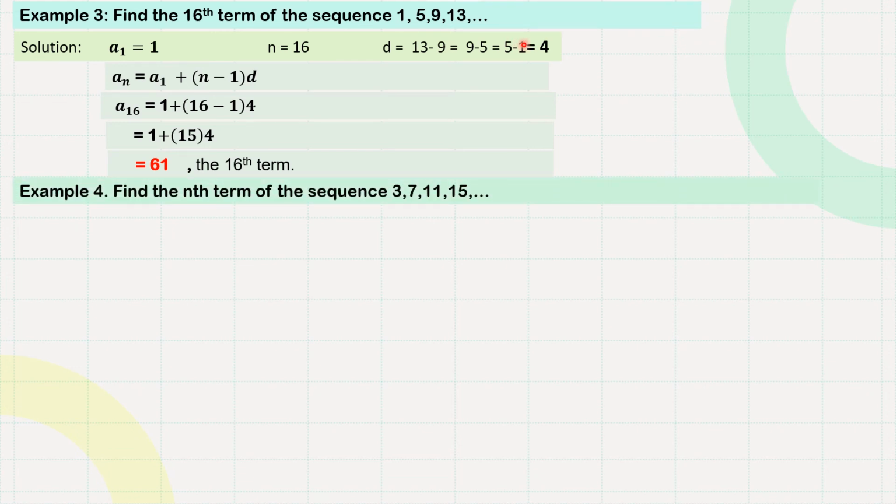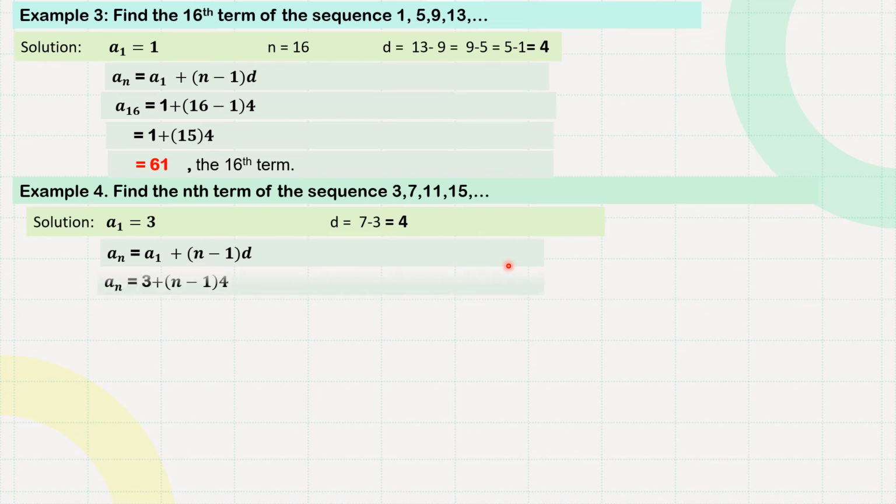Next, find the nth term of the sequence 3, 7, 11, 15, so on and so forth. Kanina pala, di ko nabasa yung tatlong dots na yan. Alam na nila yon nung sa first video. The given are a sub 1 is 3, the common difference is 4, the formula, memorize na yung formula. Next, substitute the given to the formula.